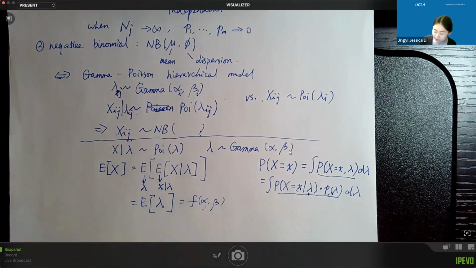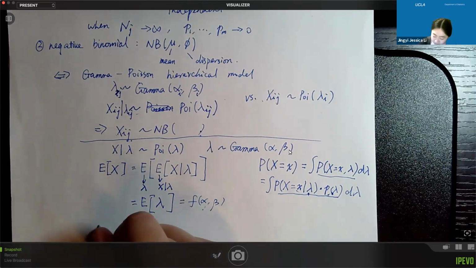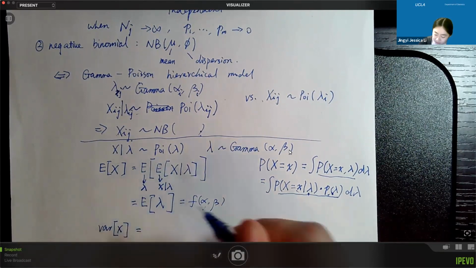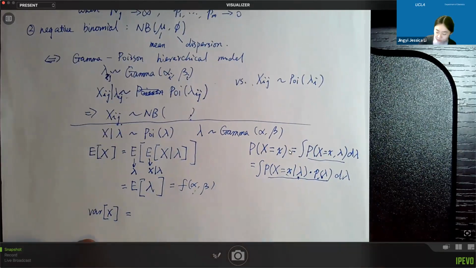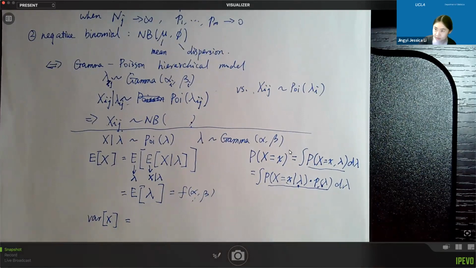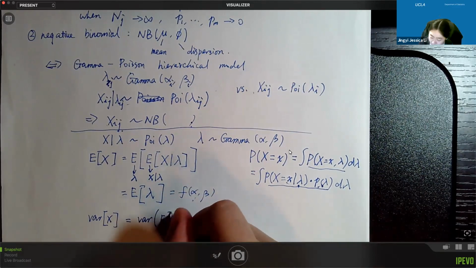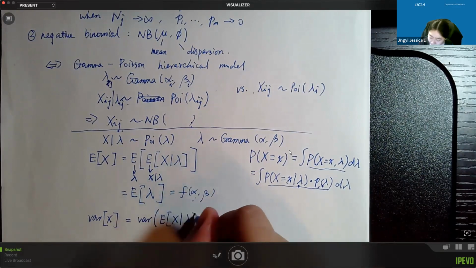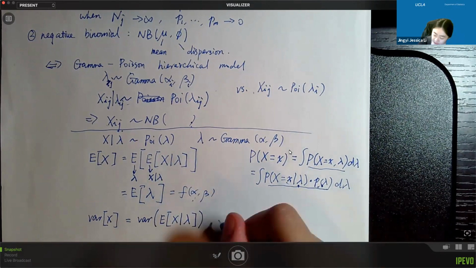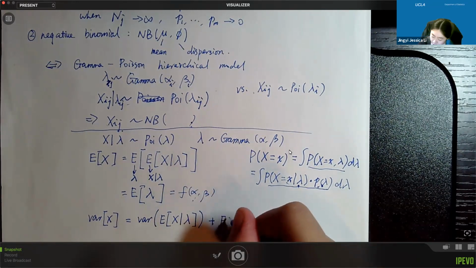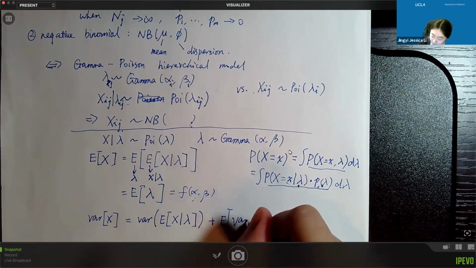And then, given the variance, I'm going to write that. The variance of X, this is a second important fact, needs to be written down in two terms, but you can see it's very interesting. One is the variance of the conditional expectation, and the other term is the expectation of the conditional variance.